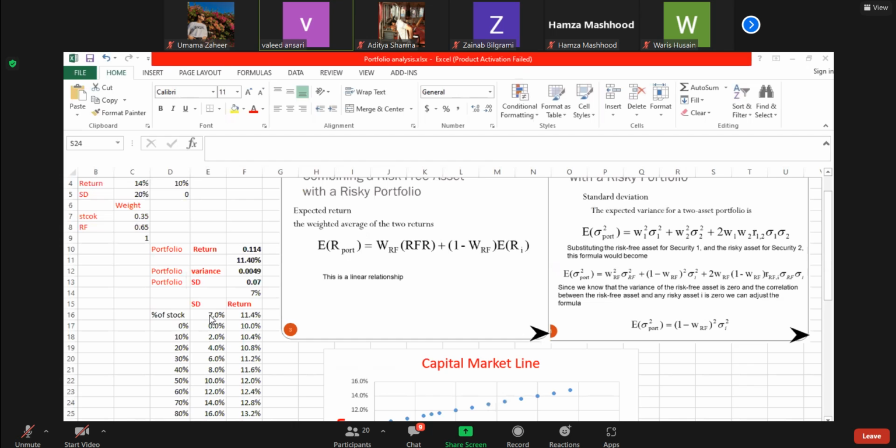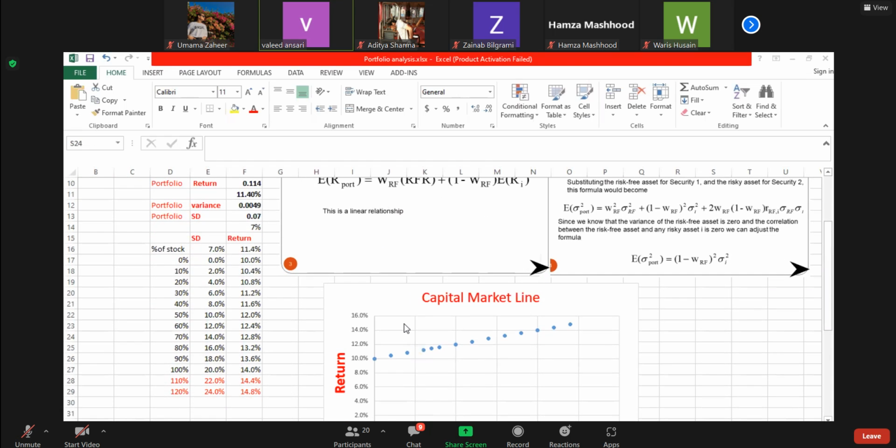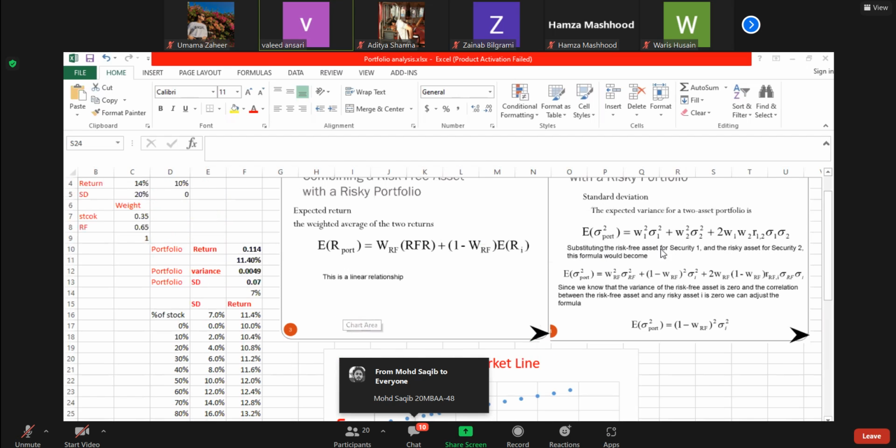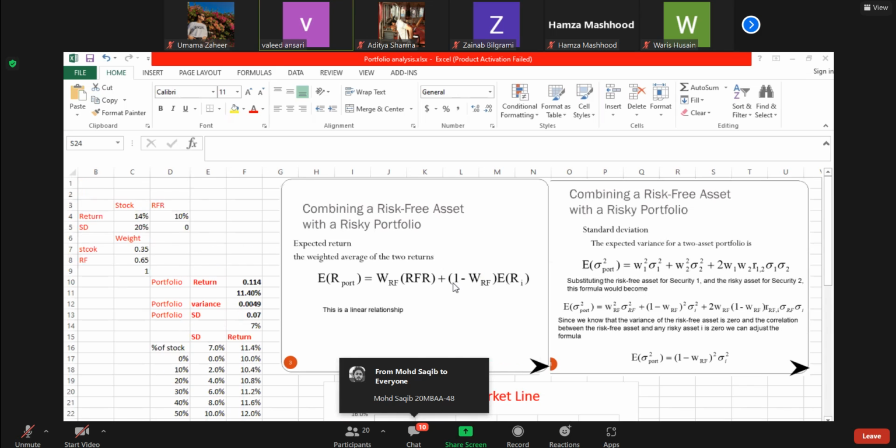Then I went on to use the what-if function, by varying the weightages. So I have just depicted here the return of the security using a scatter diagram, just as a depiction using Excel like this.